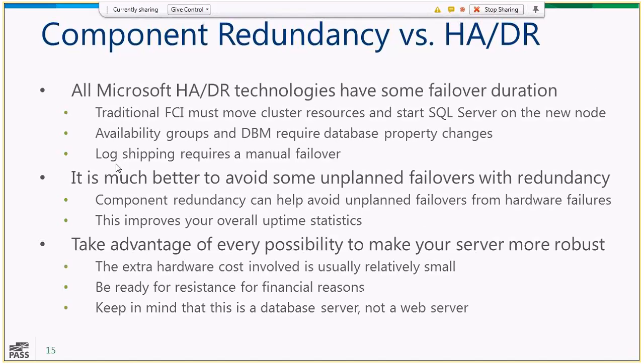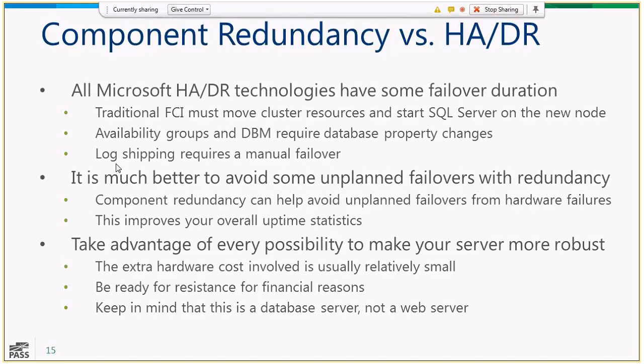Now, component redundancy versus HADR. Every single one of these HADR technologies that I'm going to talk about has some failover duration. Some are shorter than others. So traditional failover clusters, you've got to move the cluster resources from one node to the other, and then you've got to start SQL Server on that new node, and all the databases on that new node have to go through crash recovery.